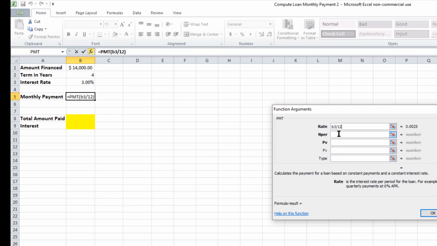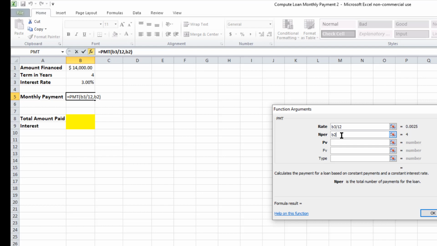Now, number of periods. We're dealing in years, 12 months per year, so every year has 12 periods. In this case, I've got a 4-year term, so the cell reference is B2. So I type in B2. That's the number of years.